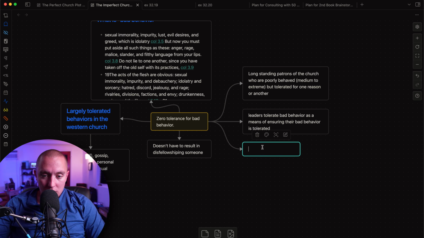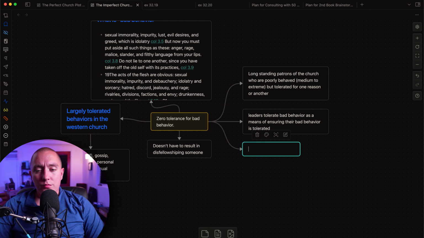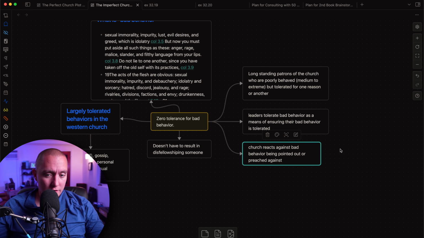So I think in this, this is good. We'd say the church reacts against bad behavior being pointed out or preached against. Now, I'm not talking about preaching in a passive-aggressive way where you're like, well, this person over here did this bad thing.